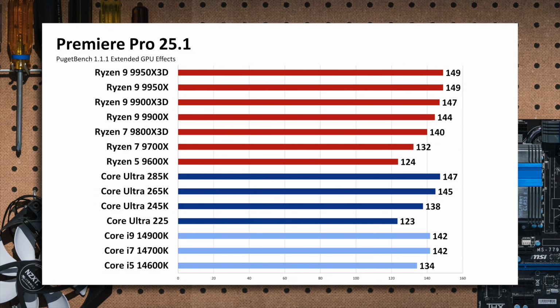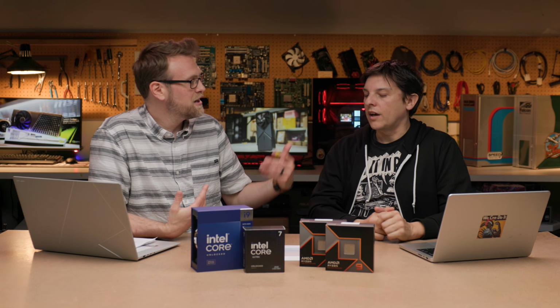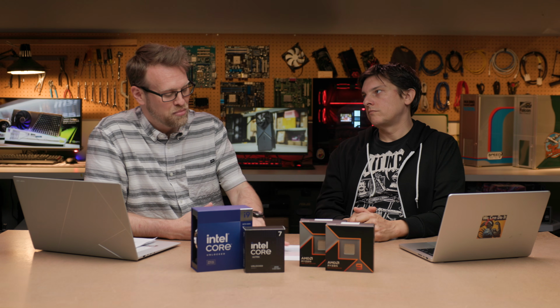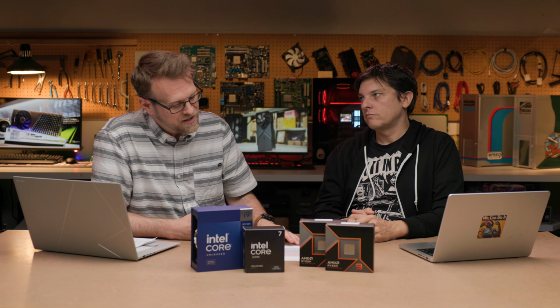So here we're looking at potential bottlenecks, because maybe you would think, okay, I'm just going to go with a big fat GPU and a really cheap CPU, but the CPU might not be able to feed the GPU information fast enough. Looking at the scores, everything from the 8-core 9700X all the way up to the 16-core 9950X3D, those numbers are pretty compressed. We're not seeing a huge variation here, which makes sense, showing once again that you're probably not going to have too much CPU bottleneck here.